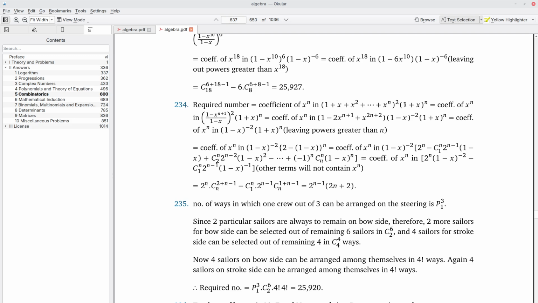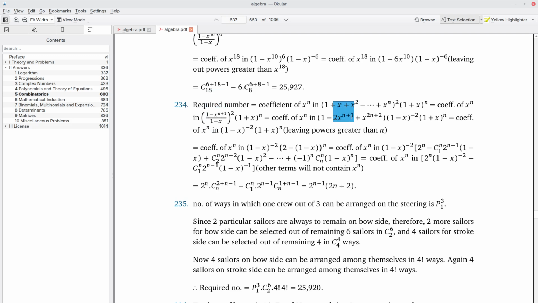So the powers of x could be 0 and 1, because the items can be chosen or they may not be chosen. And then there are n such items, so the power is n. Now this is the coefficient of x to the power n in (1 minus x to the power n plus 1) divided by (1 minus x) whole squared, multiplied by (1 plus x) to the power n. We expand this and we get (1 minus 2x to the power n plus 1 plus x to the power 2n plus 2) multiplied by (1 minus x) to the power minus 2 and (1 plus x) to the power n.